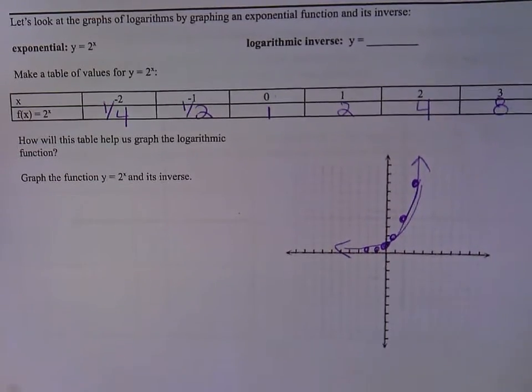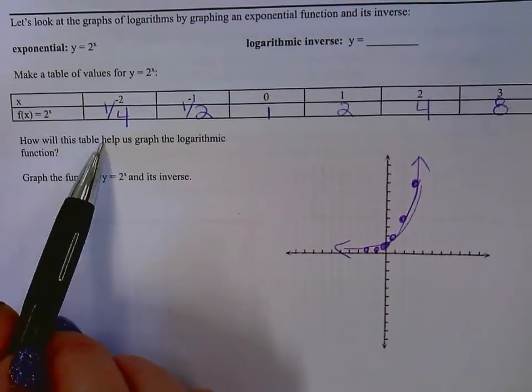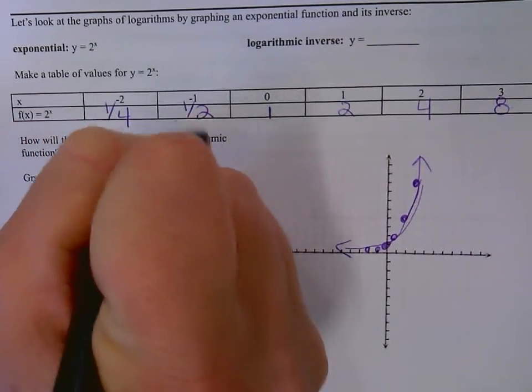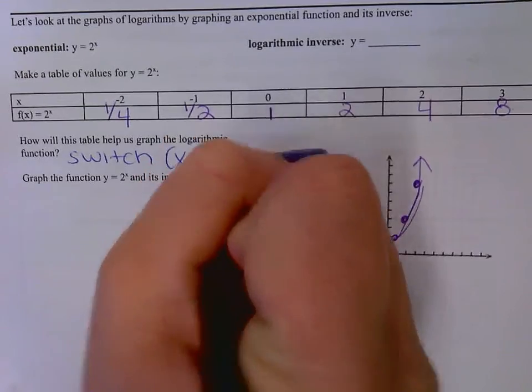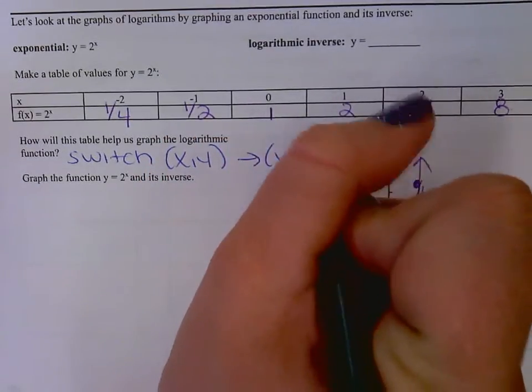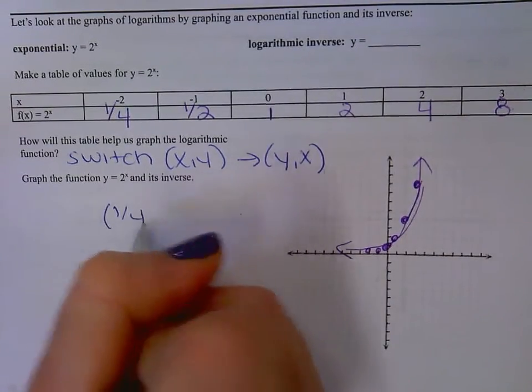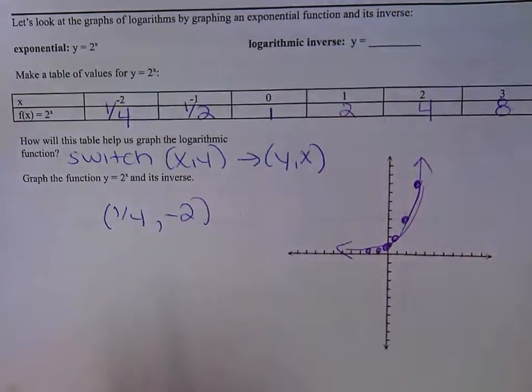So now it says, how can this table help us graph the log function? We're just going to switch x comma y and make it in our heads y comma x, right? The x's become the y's and vice versa. So I like to rewrite the points myself. So my x value would be 1/4 and my y value would be -2.